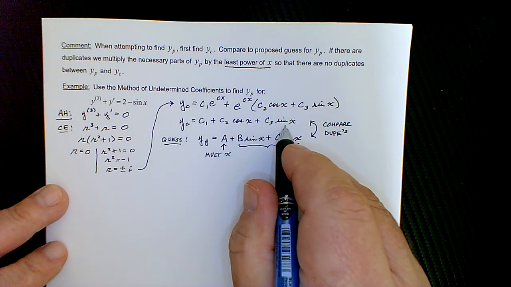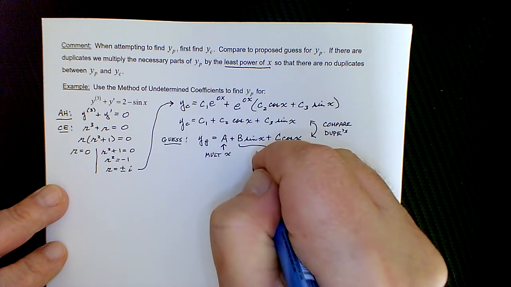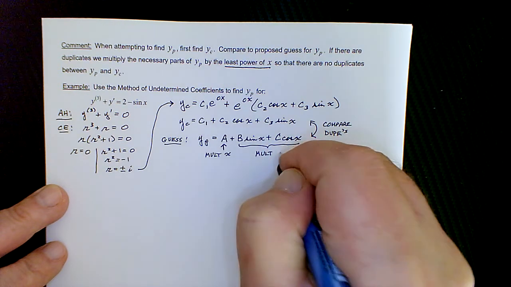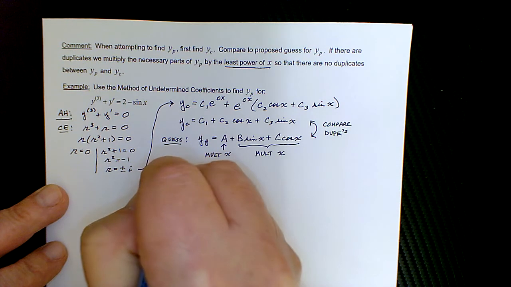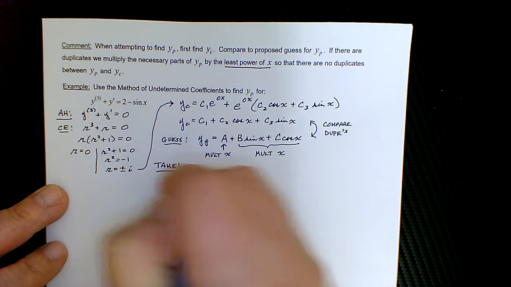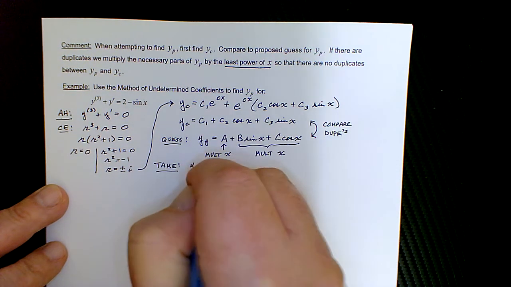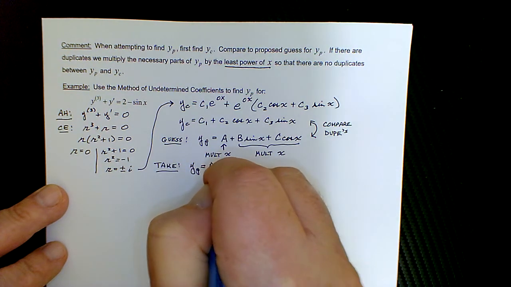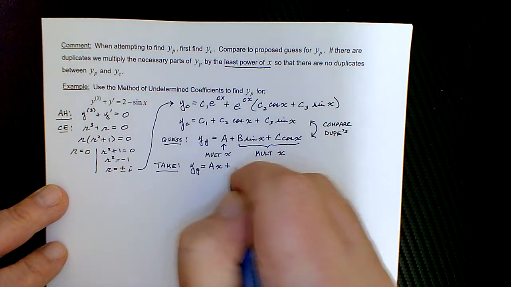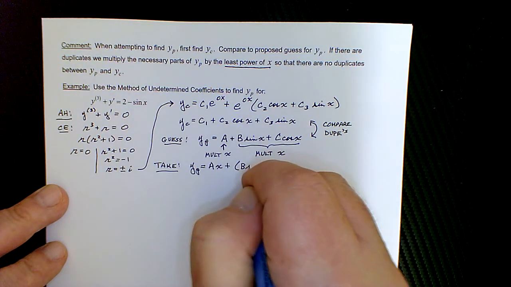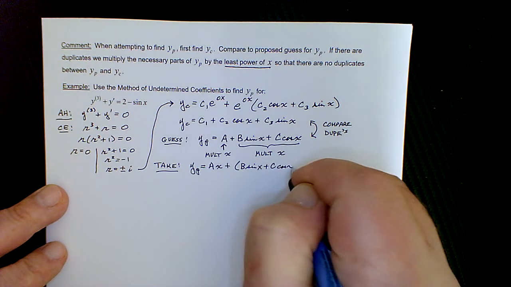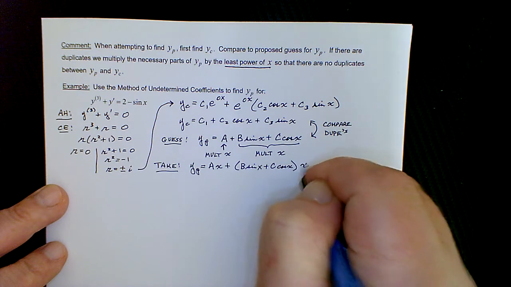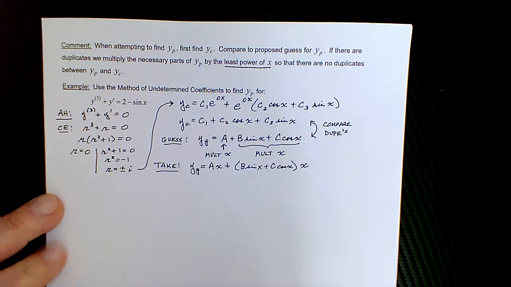We see that they're identical as well, so we're going to have to multiply that pair by x. Therefore, we're going to take our y sub p now to be ax, and then plus, put this b sine x plus c cosine x in parentheses, multiply that by x as well.